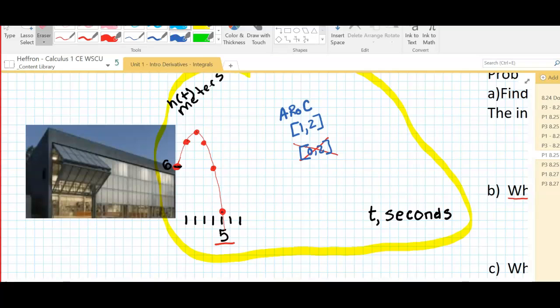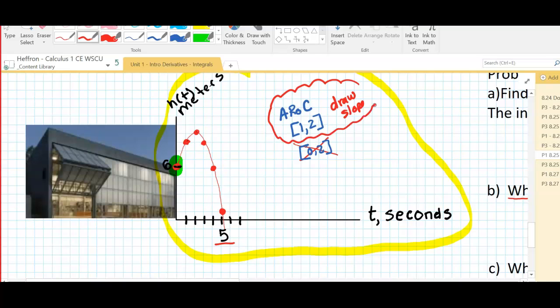I want to draw a new interval, this time from 1 to 2. So what is that going to look like on our picture? Take a second to draw the slope that represents the average rate of change from 1 to 2.